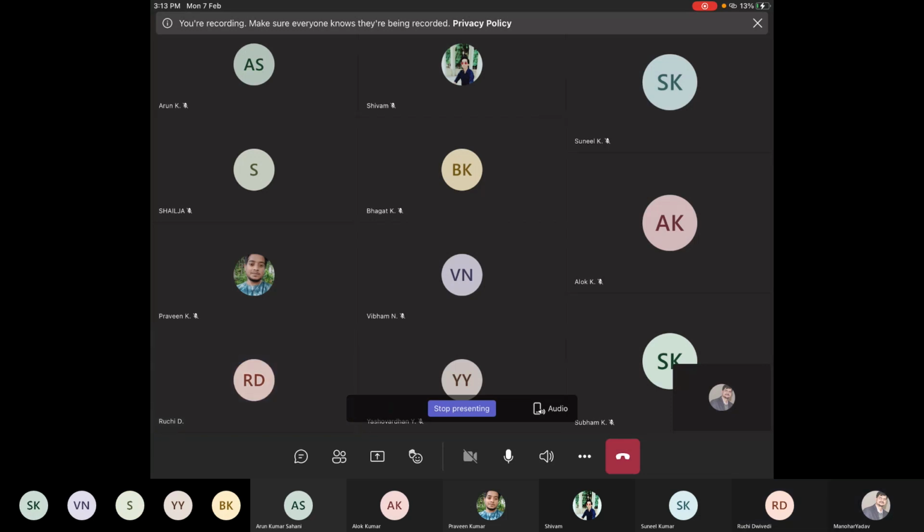Vibham, yes, sir. I have solved it. How much did you get? This pulse firing rate? So I got 150 kilometer. Not kilometer, it's kilohertz. Yes, sir. Yes, Vardhan?